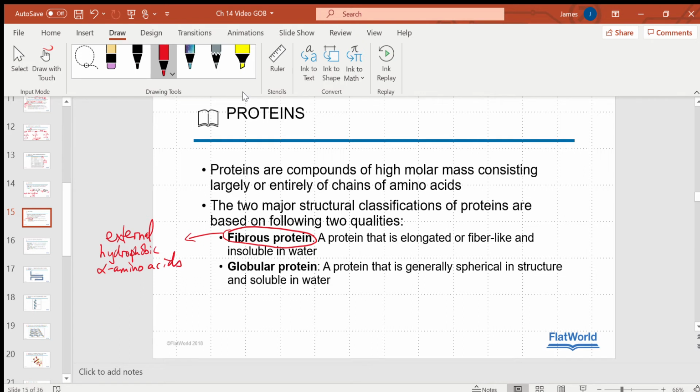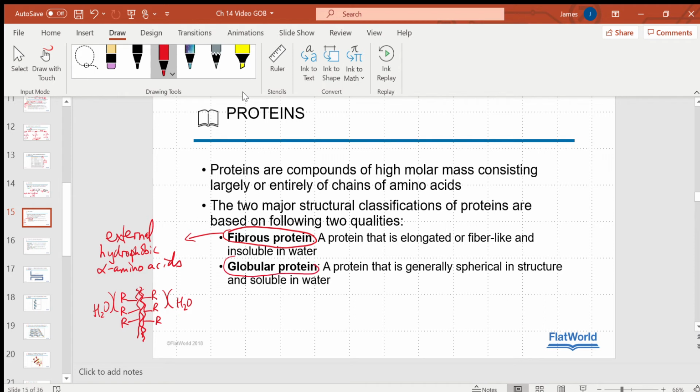So essentially, if we had the fibrous protein here, so the long strands of the fibrous protein, and then jutting out we would have external functional groups, then these functional groups would be hydrophobic, so that when water came up to inspect this thing, there would be a repulsion here between the water and the fibrous protein, so the fibrous protein wouldn't be soluble. This is great if you're making tendon and cartilage and what have you.